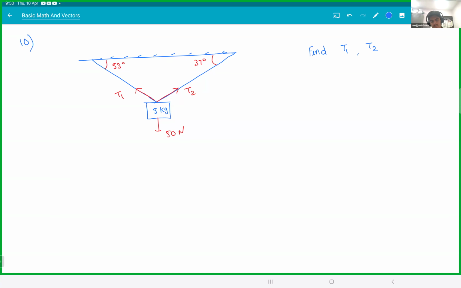So we will require both the T1 and T2's vertical components, right? Two people are balancing the weight. Think of both like this: we are hanging with both hands, right? Both hands are supporting the weight, isn't it? So both of their sums will be 50, like that, no?